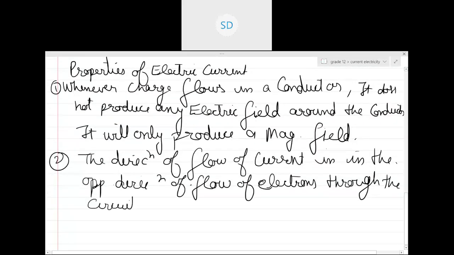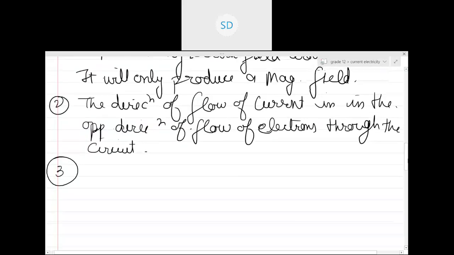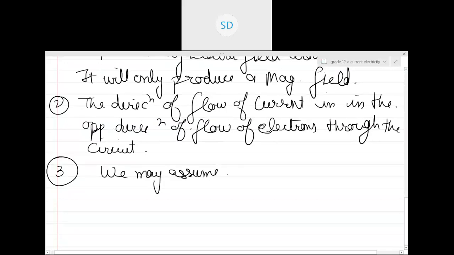By the way, it's not necessary that it is only in conductors. Sometimes we may assume a beam of positive charges as a current carrying wire.